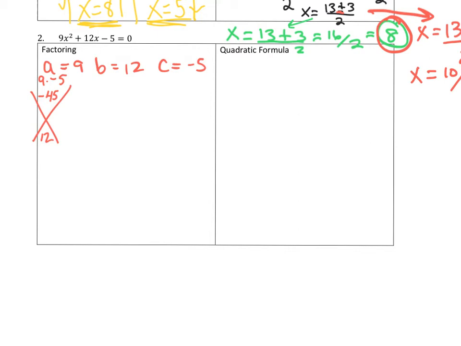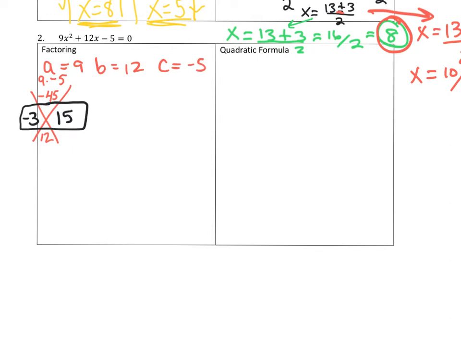Let's see, so a combo that multiplies to negative 45, a times c, that adds to b, that adds to 12, would be some combo of 3 and 15. So we know there's a 3, we know there's 15, and if they multiply to negative 45, add to positive 12, the 3 has to be the negative one, so that they add to positive 12.